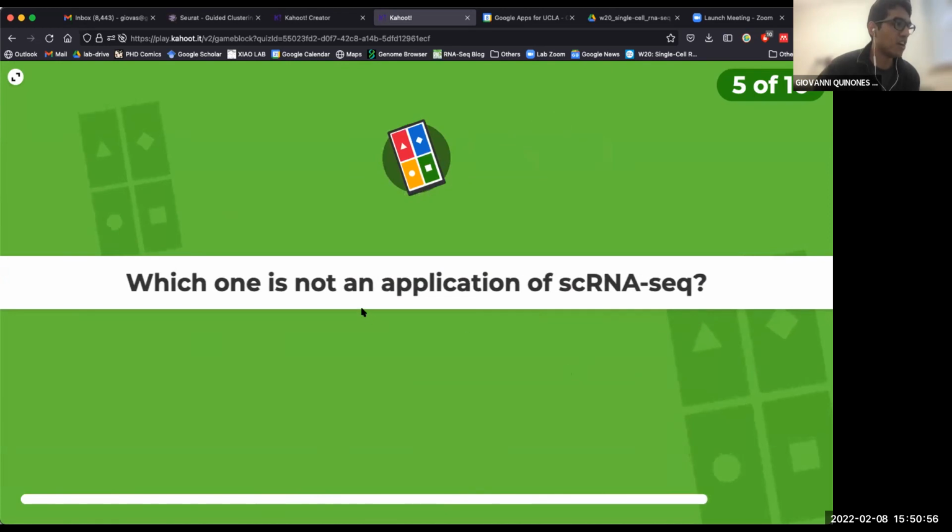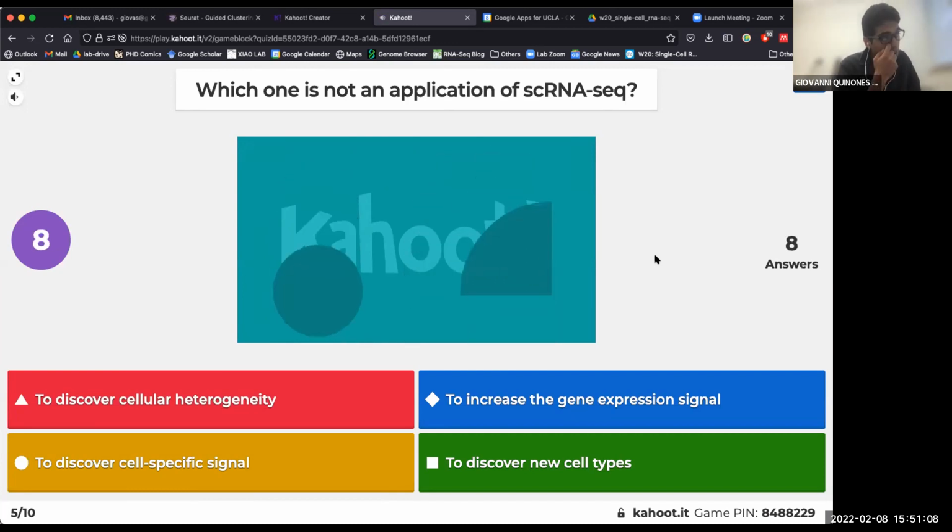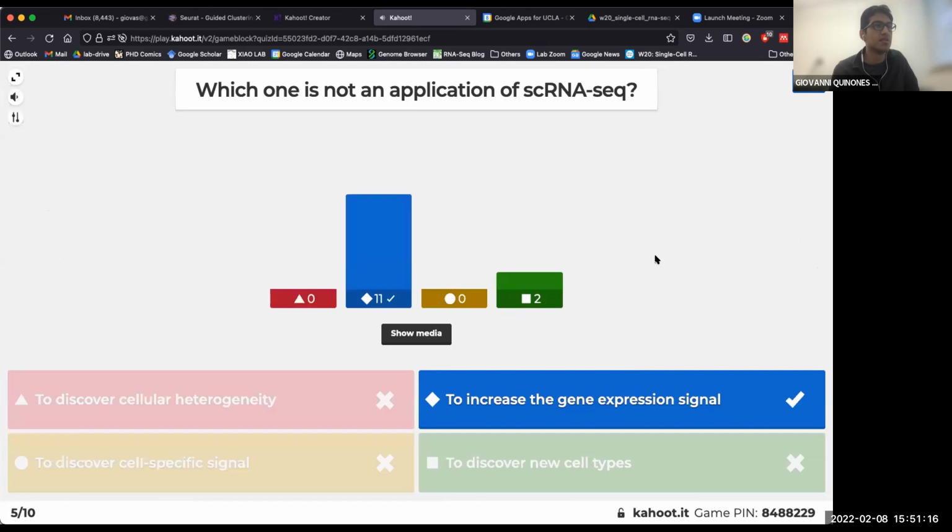Which one is not an application of single-cell RNA sequencing? Great. Once again, most people got it right.